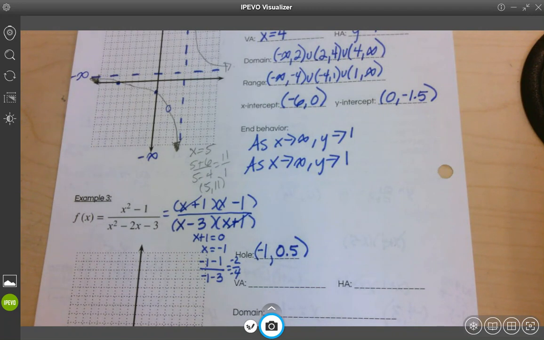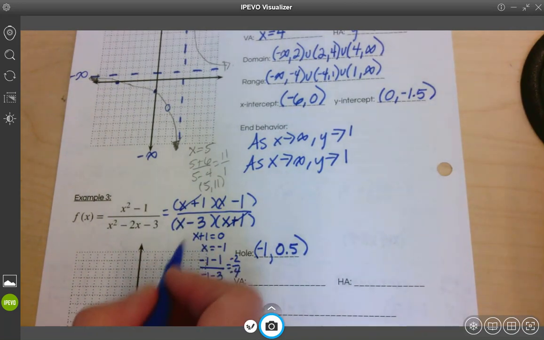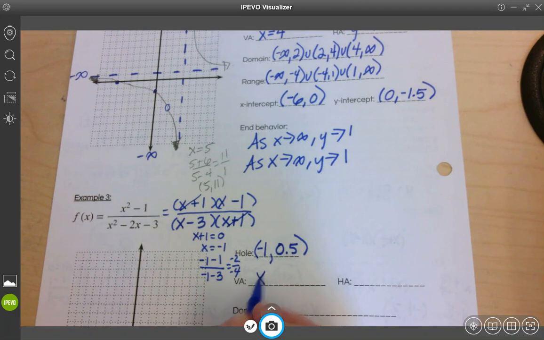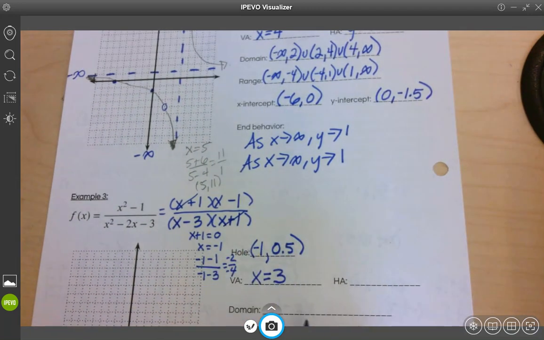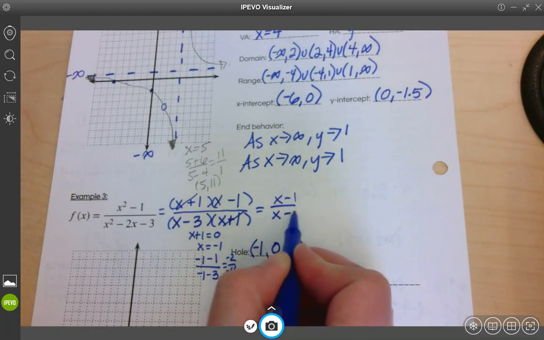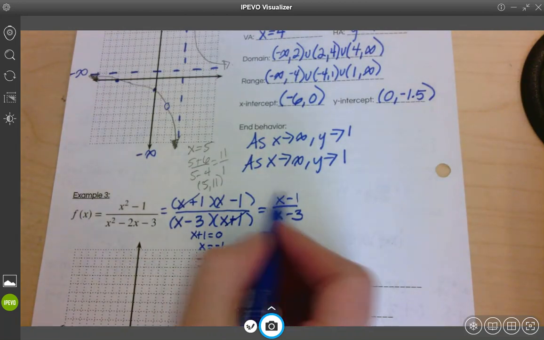Your vertical asymptote comes from the remaining factor in the denominator. x minus 3, if you set that equal to 0, you get x equals 3. And in our reduced function, we have the degree of the numerator and denominator are the same again.